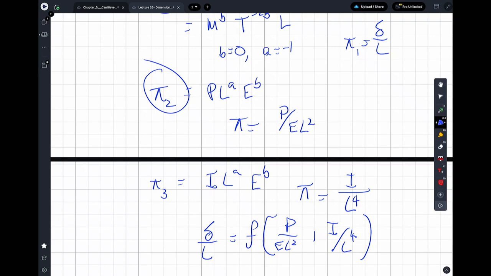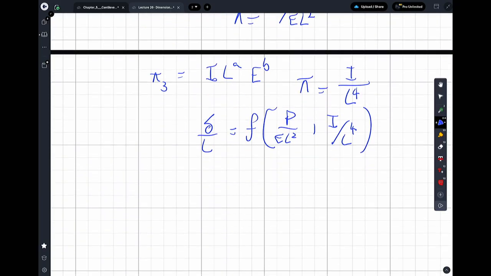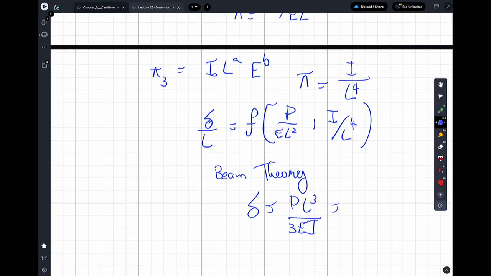I'm not a structural engineer. I don't pretend to be. This is actually kind of useful, though, because even with limited knowledge, I can say, from beam theory, delta is equal to P L cubed over 3EI, and that equals 1/3 of pi 2 over pi 3.